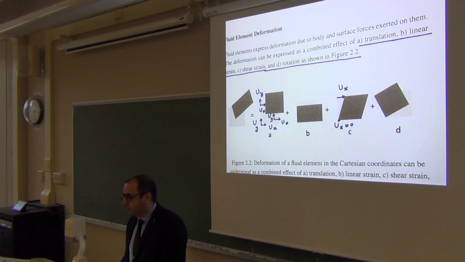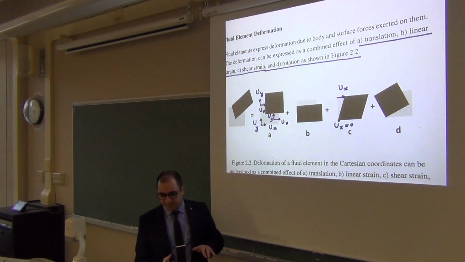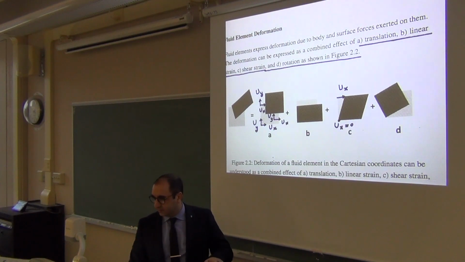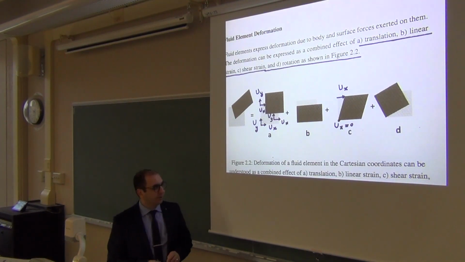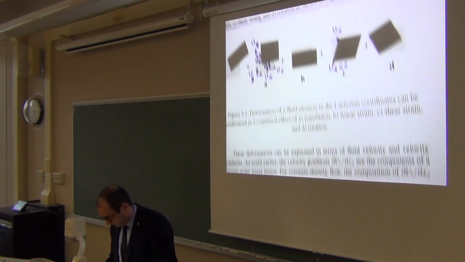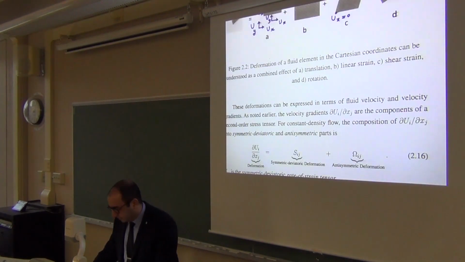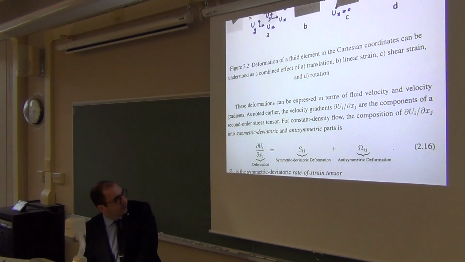There shouldn't be any uy. You see what's happening? So it's the differentials of velocity that cause deformation of the fluid volume. So the concept of deformation is very, very tightly related to velocity gradients.